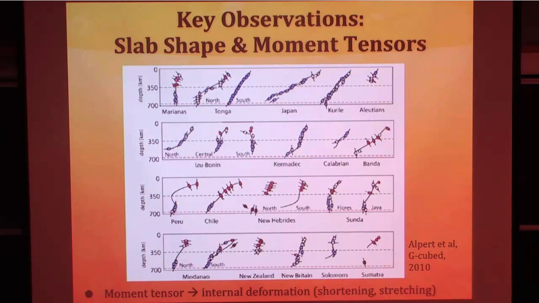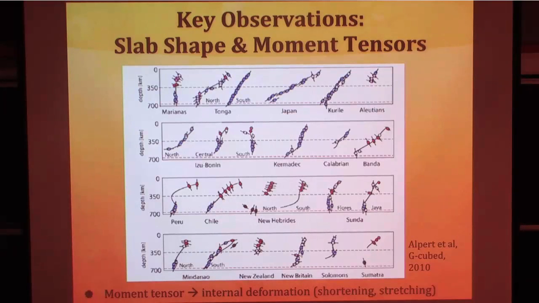People often say stress, but we actually don't know the level of stress, so it's actually more the strain. Okay? So you can get a principal compression axis and a principal tension axis and a neutral axis. That brings in a bunch of assumptions, but it's a good way of getting a sense of what is the average stress state at the location of the earthquake.